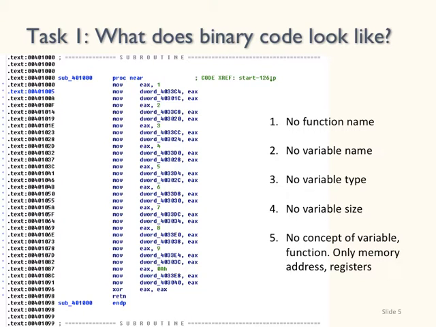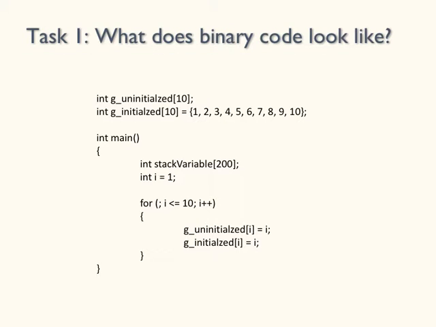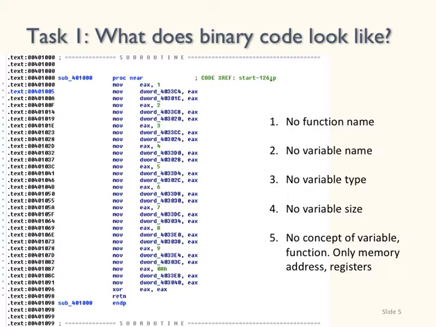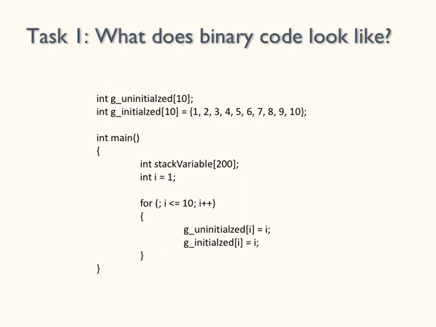And we took a look at two machine codes generated from the same C code, and we discovered that they look totally different. This is what we get from the Windows compiler. In this Windows compiler generated code, there is no function name, no variable name, no variable type, no variable size, and even the loop is not there.